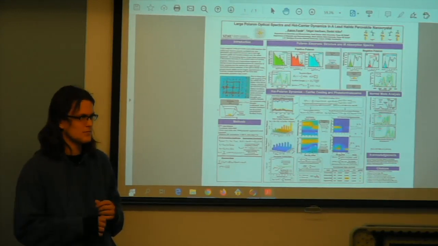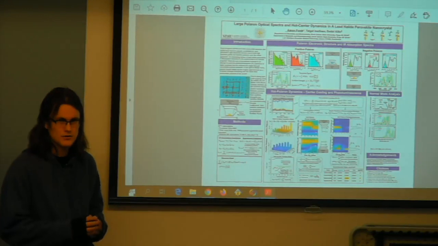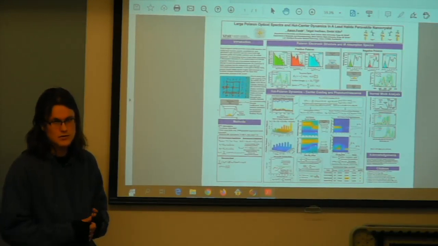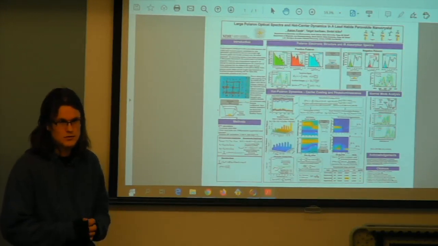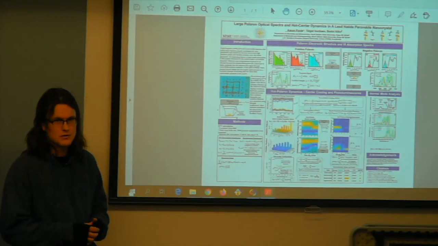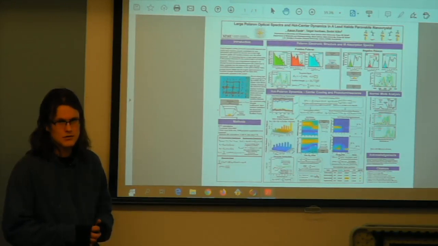So, a technical question: when you do this, are you forcing the occupation to be specific? Is it to have the HOMO, the highest occupied orbital, half occupied and the LUMO half occupied, or is it a different ordering?